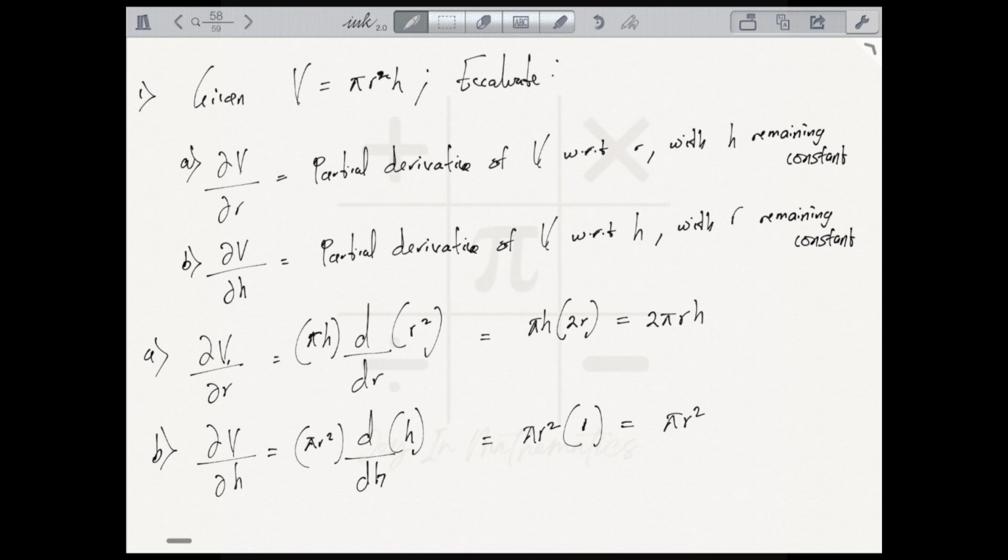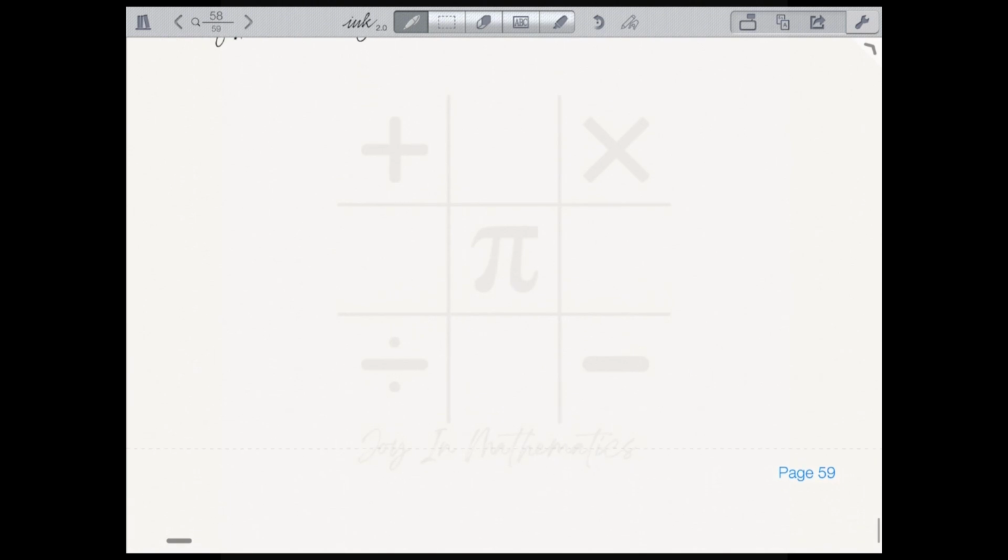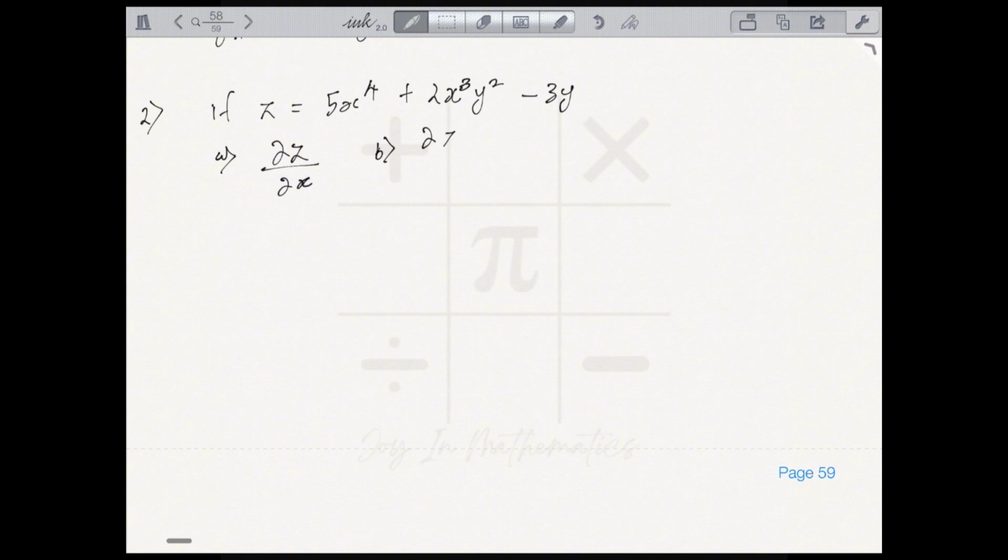Let's take a look at another example. If z is equal to 5x raised to power 4 plus 2x cubed y squared minus 3y, and we are asked to evaluate the partial derivative of z with respect to x, and the partial derivative of z with respect to y.